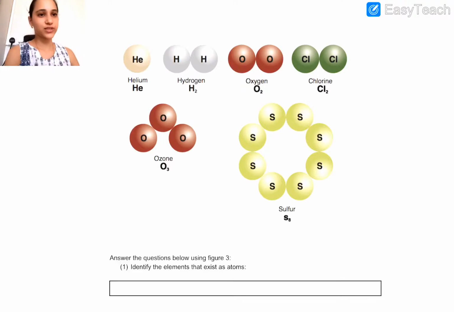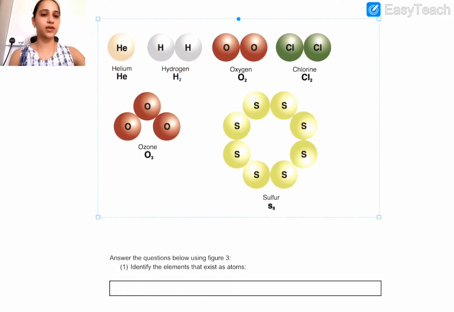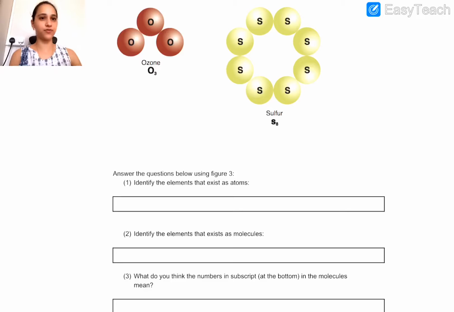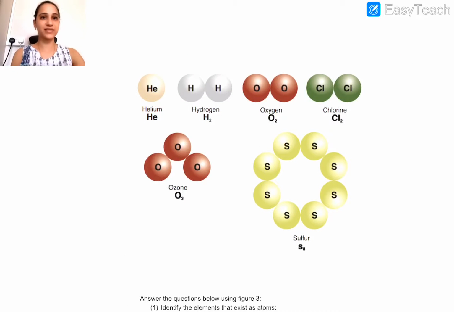Now this question, you were given figure 3, and you had questions to answer by using figure 3. All these molecules here are elements. Why are they elements? Because they cannot be broken down into anything simpler.